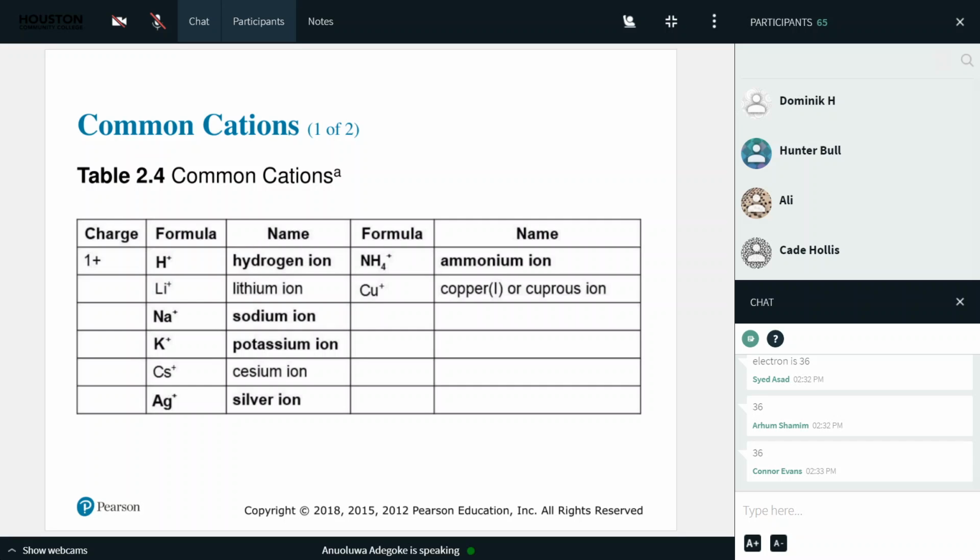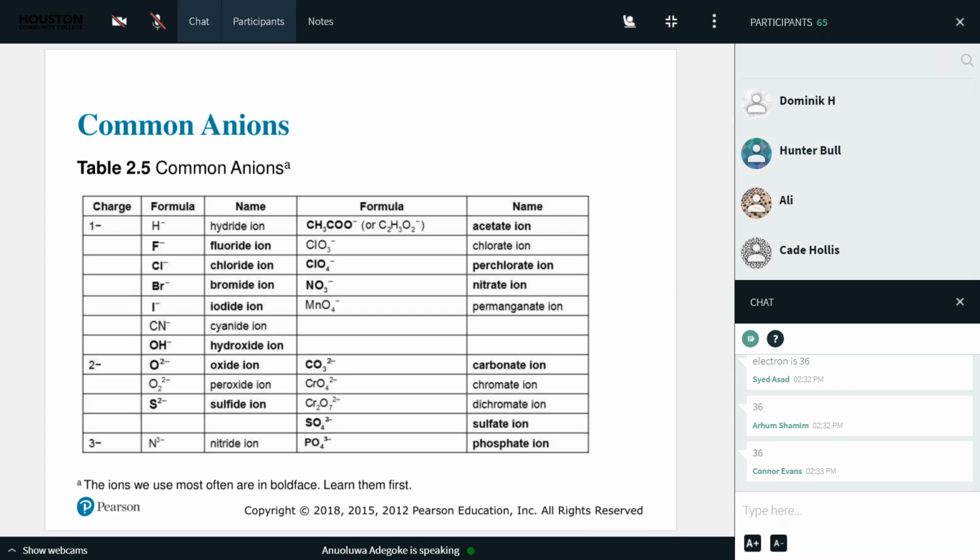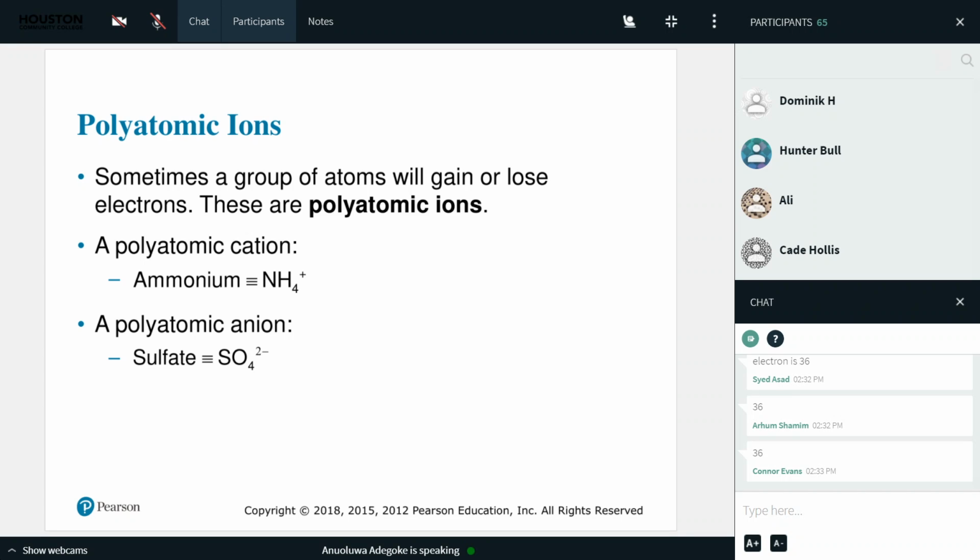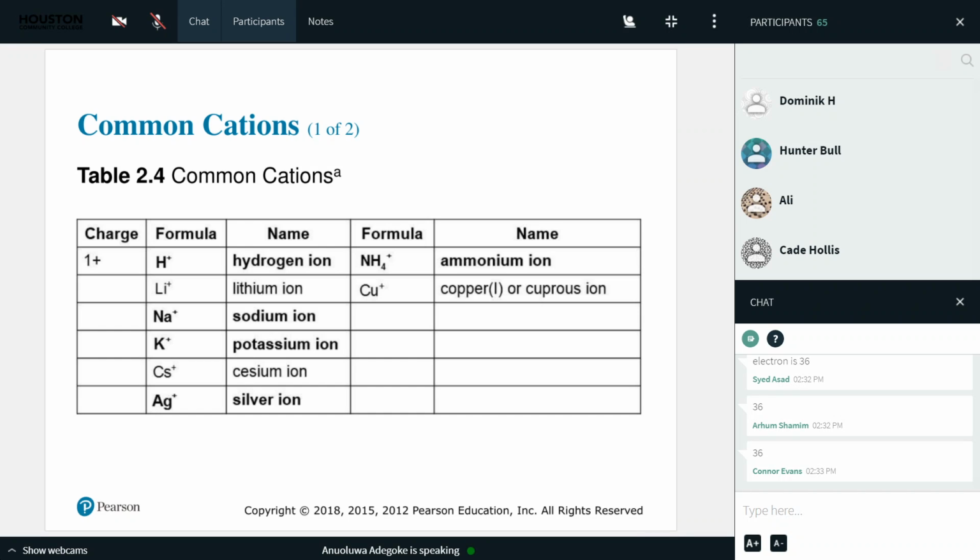Okay, so we have talked about all of these ions. These are the common cations. Before we go on to start doing naming, I'm going to give some rules and also some exceptions to the rules.